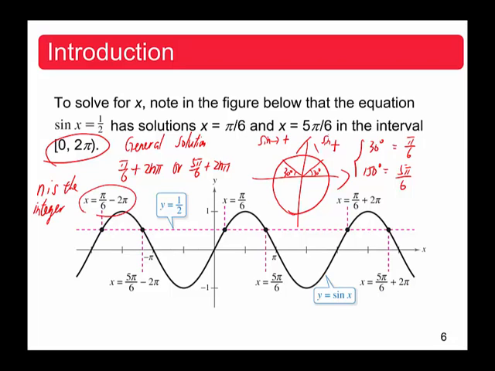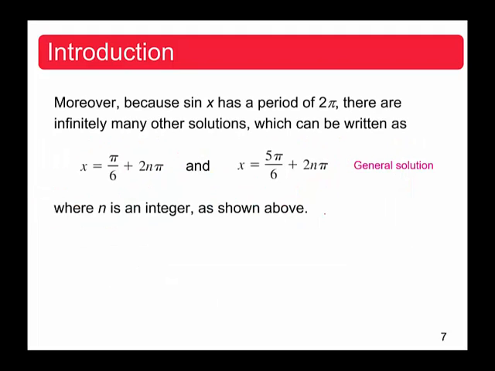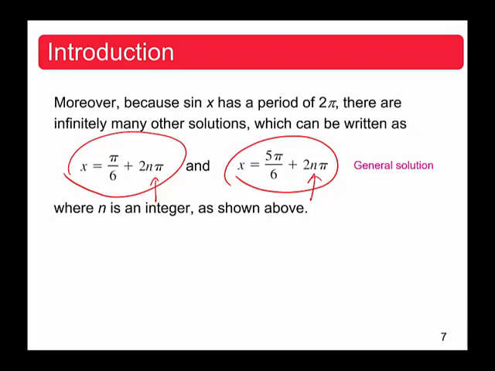So we take care of all these coterminal angles. You have 2 general solutions, by adding 2n pi to the solutions in the first revolution.